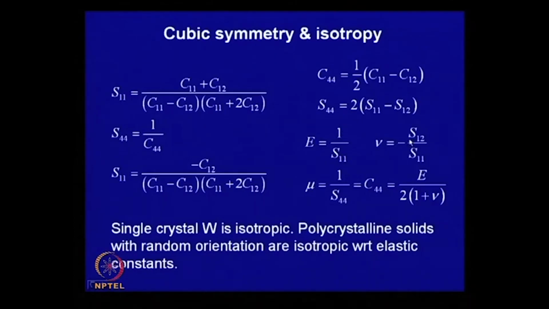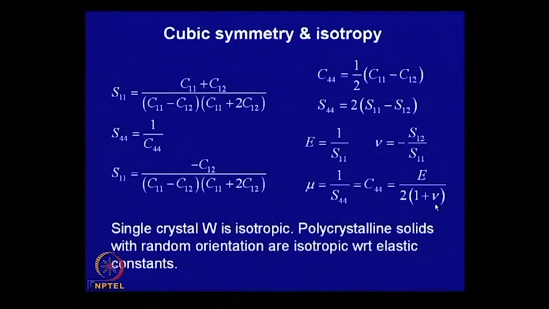Poisson ratio is minus the ratio of S12 over S11, and shear modulus, the C44 actually represents shear modulus. So, if a material is isotropic, there is a relationship between shear modulus, Young's modulus and Poisson ratio.